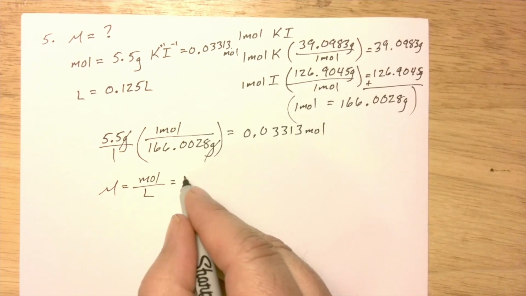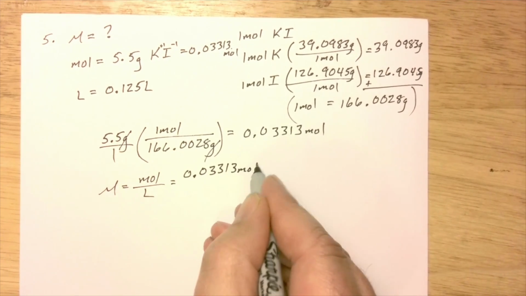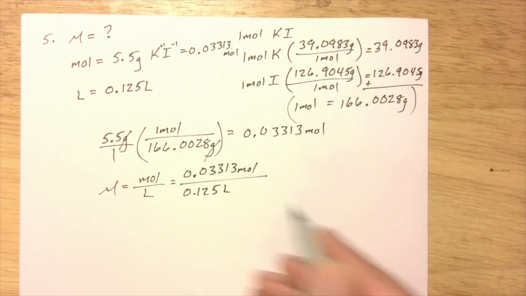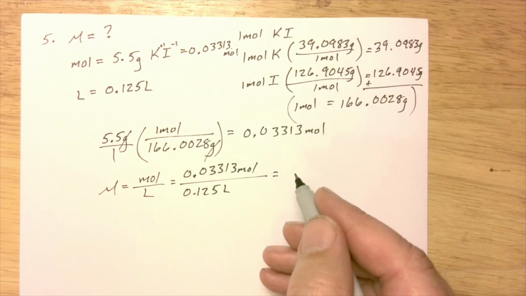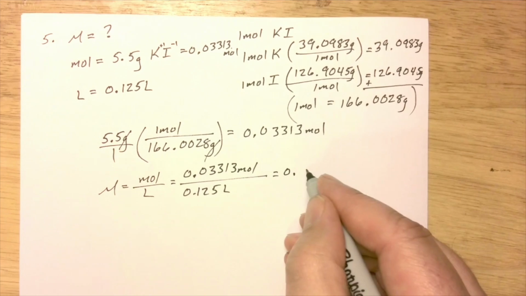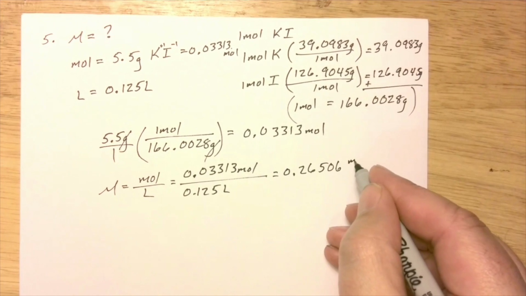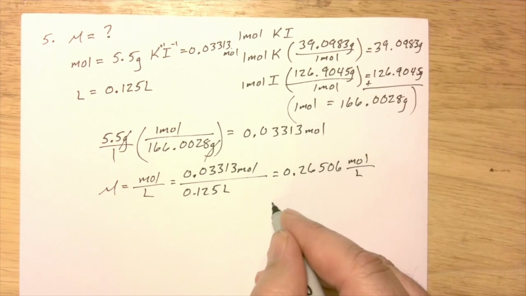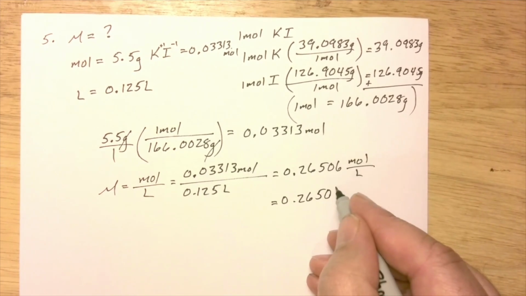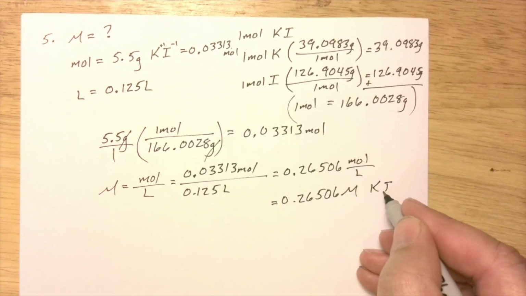The moles is 0.03313 moles, and this is dissolved in 0.125 liters. All right, so when you divide it out, you end up getting 0.26506 moles per liter, which is the same thing as 0.26506 molar. And this is of potassium iodide.